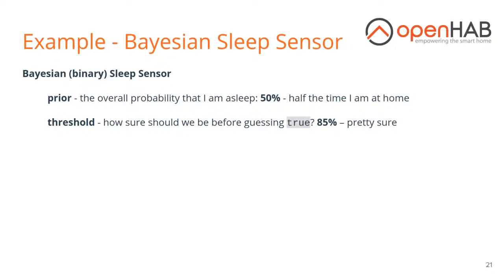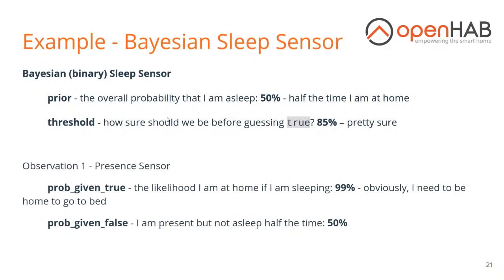We define a threshold, and that should indicate how sure we should be before guessing the sensor to become true. And we say it's 85%. So we have to be pretty sure. Let's add some observations. The first one is a presence sensor. So I'm at home or not.